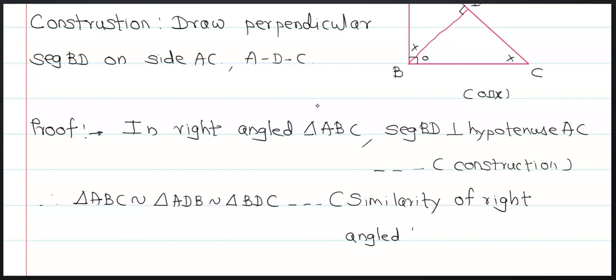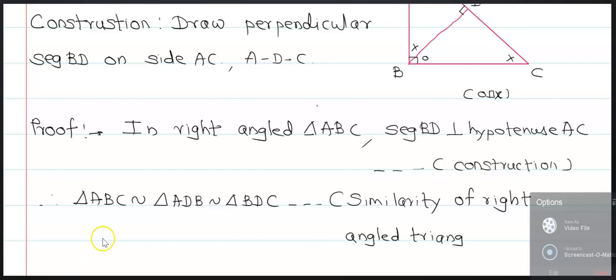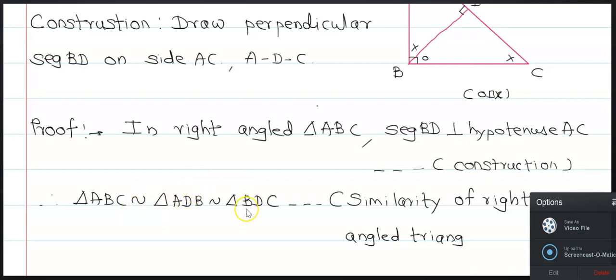Triangle ABC is similar to triangle ADB, which is similar to triangle BDC. That is the similarity of right angle triangles. My sequence is small circle, 90 degrees and cross. That is BDC, next is ADB, and the original triangle is ABC. These are similar.